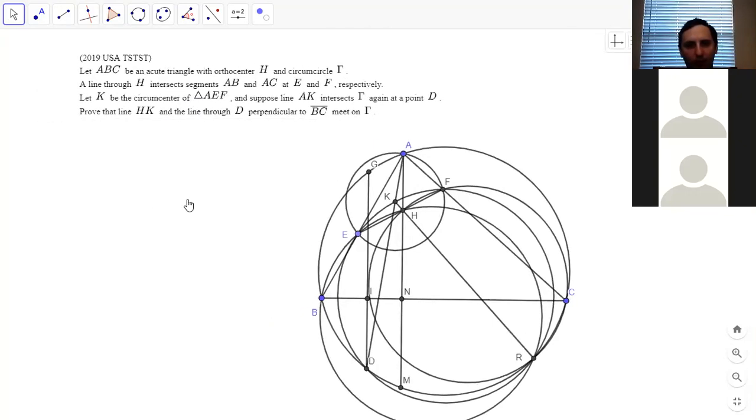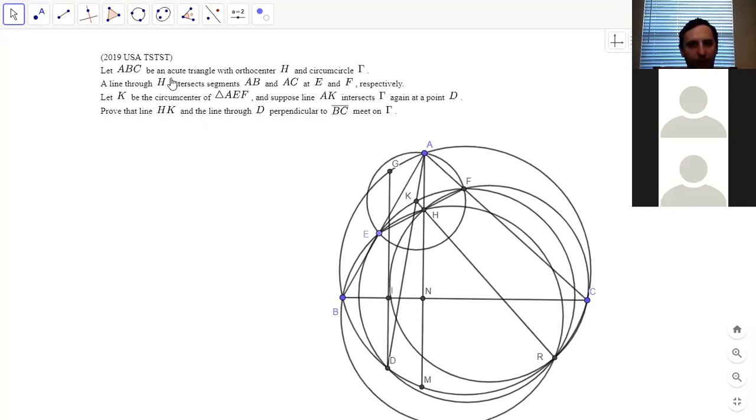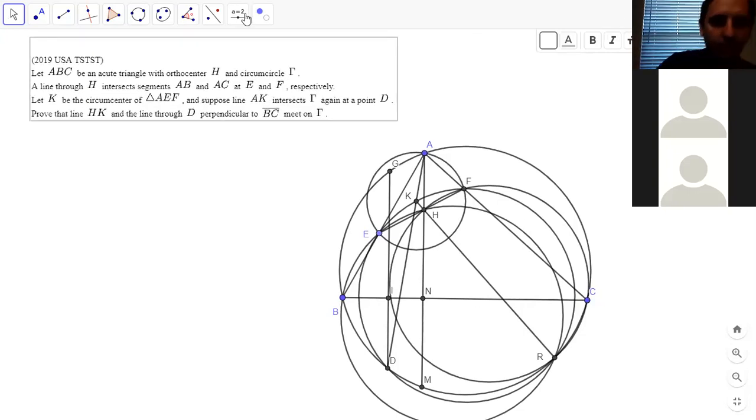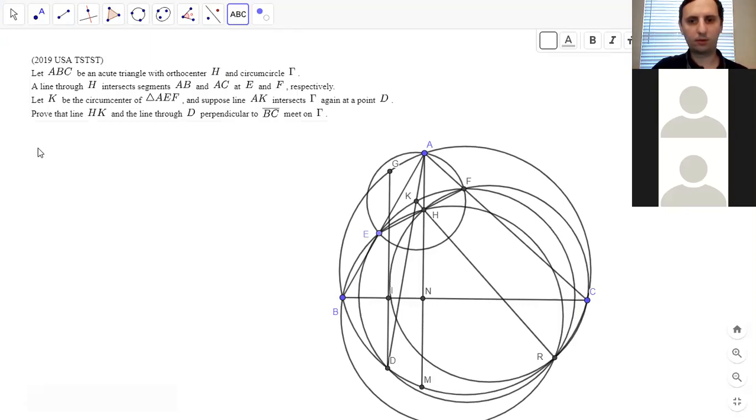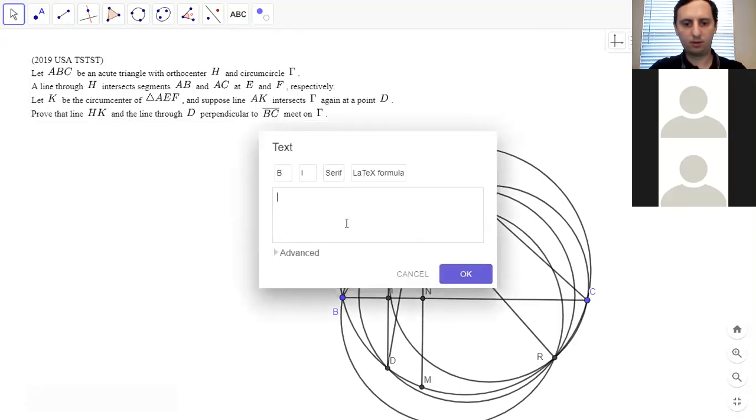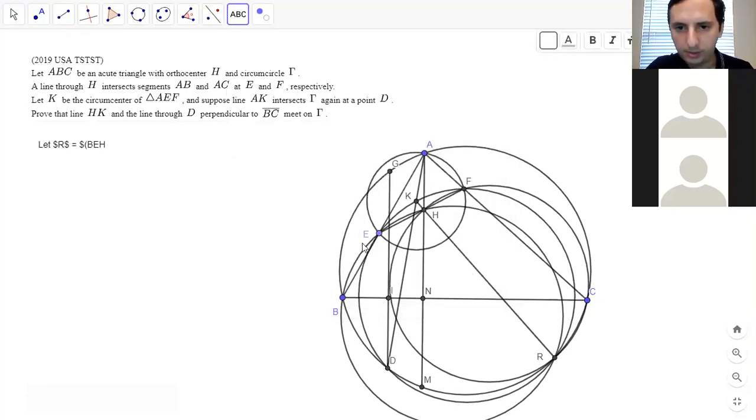So we could start out, let R be the intersection of those two circles. So let R equal, I think it's BEH intersects CFH.